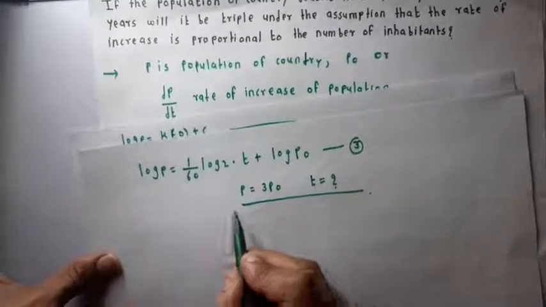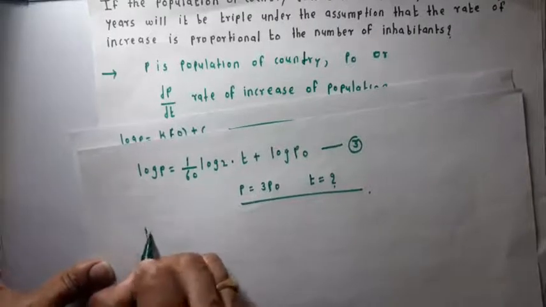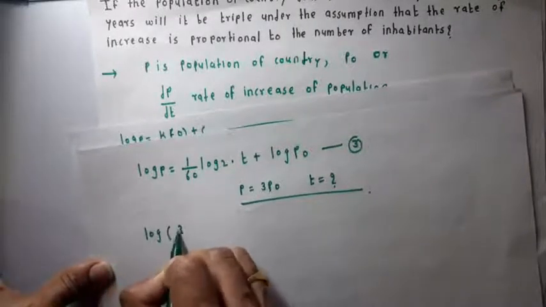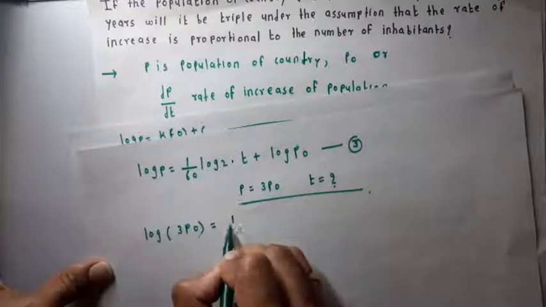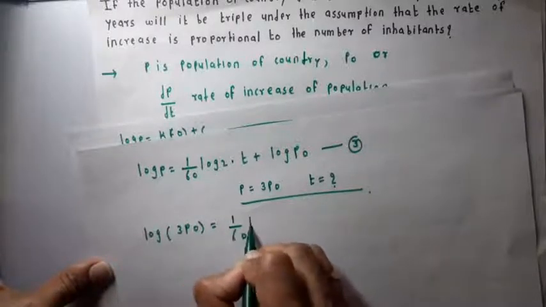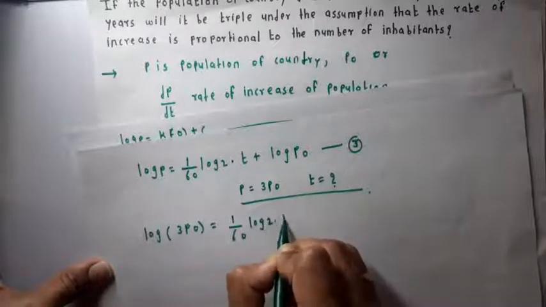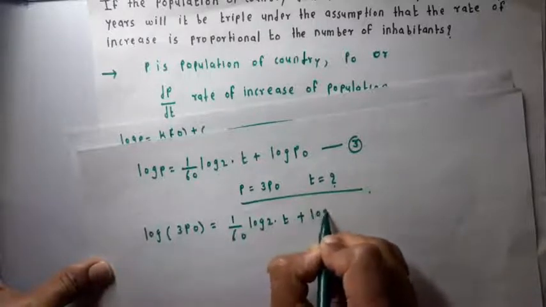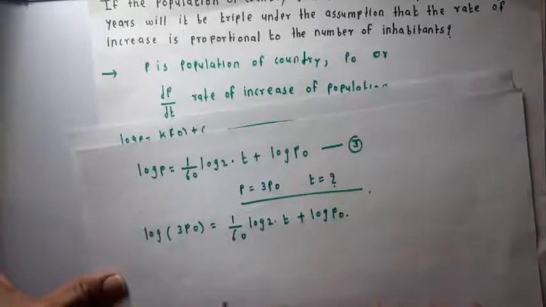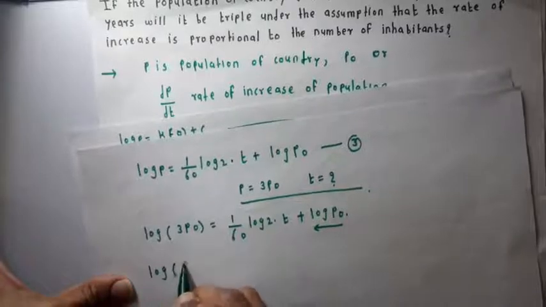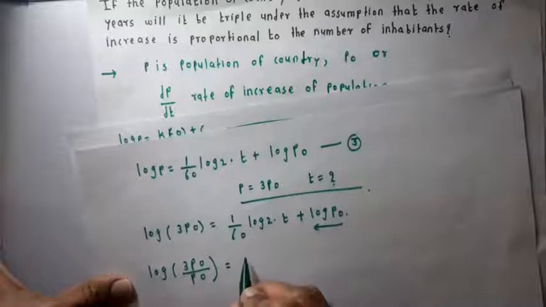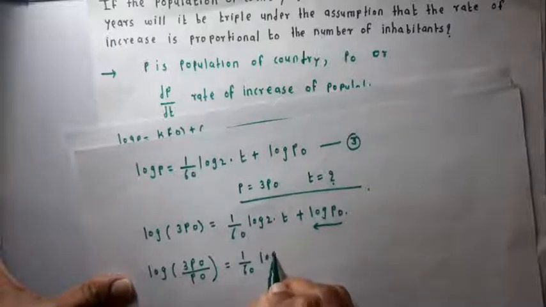So let us put the value P equal to 3P0, that is log of 3P0 equal to 1 by 60 log of 2 into t plus log of P0. So shift the term to that side, we get log of 3P0 upon P0 by using rules of logarithm, and this is 1 by 60 log of 2 into t.